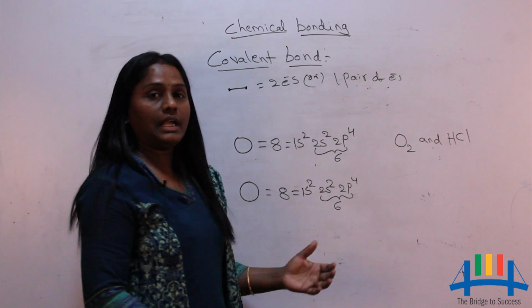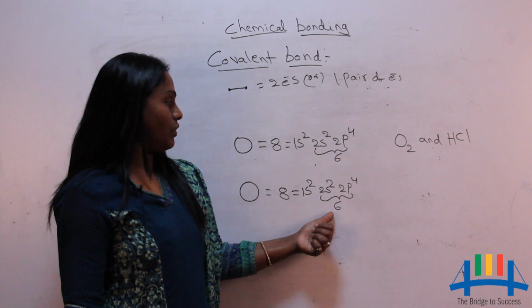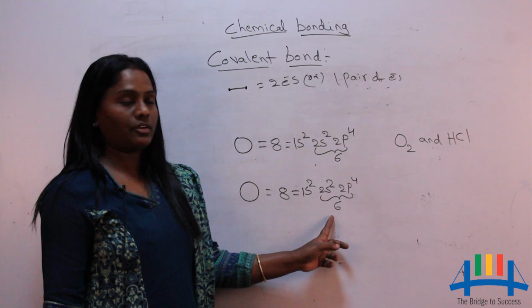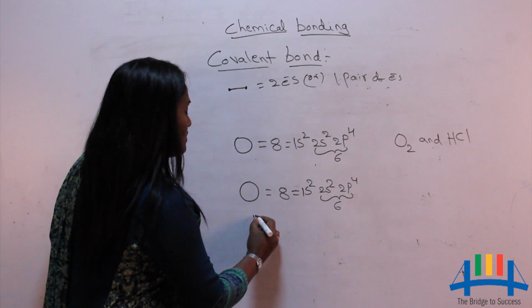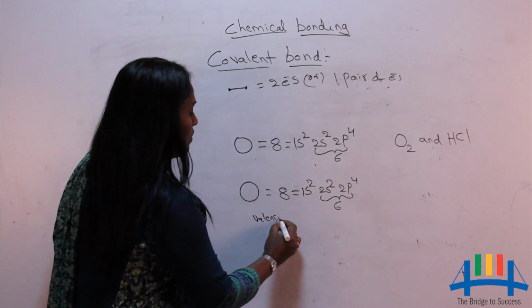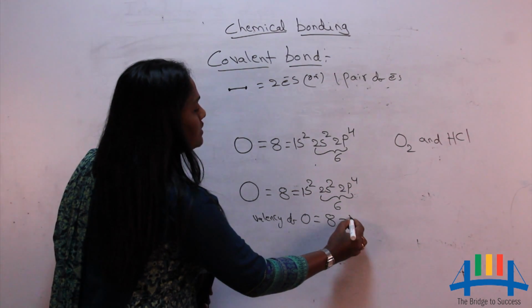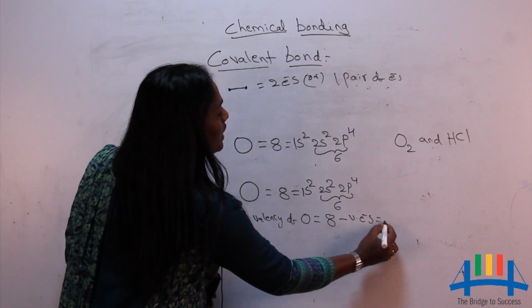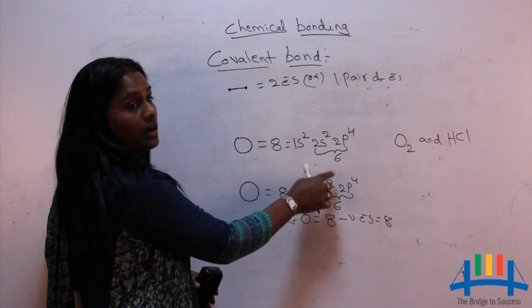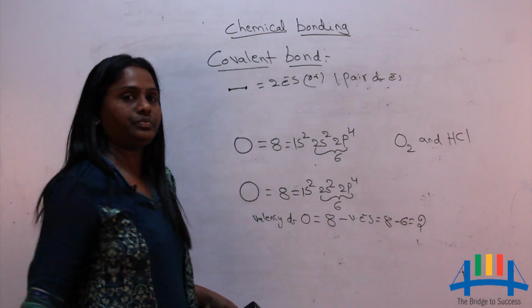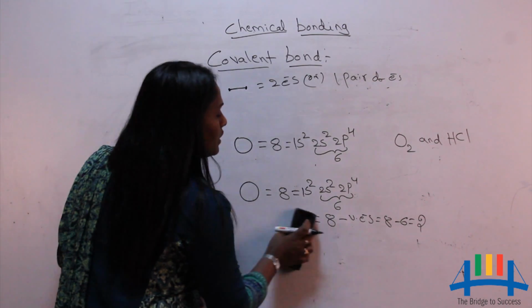When the valence electrons are more than 4, valency is equal to 8 minus the valence electrons. So the valency of O is 8 minus 6, which is equal to 2. Got it?